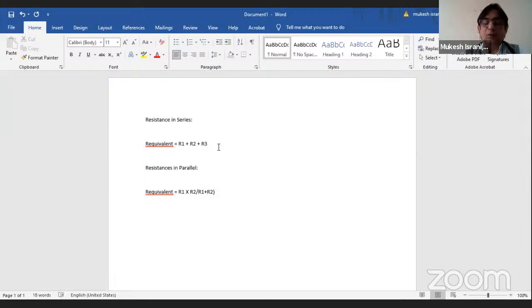But if I have several, more than two, then the reciprocal of the equivalent resistance is given by the summation of the reciprocals of the individual resistances. So it will be 1 upon R equivalent equals 1 upon R1 plus 1 upon R2 plus 1 upon R3.